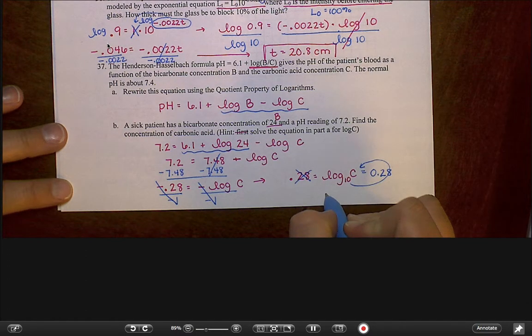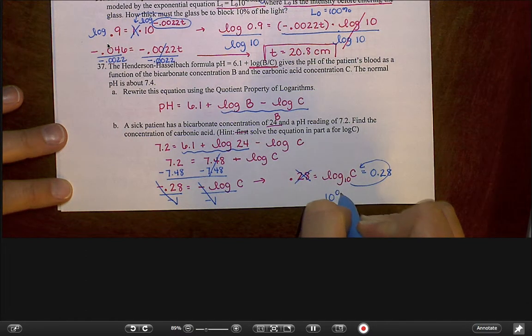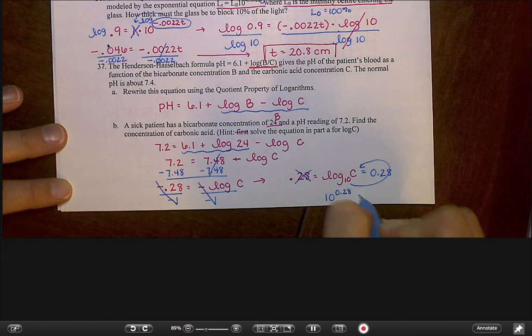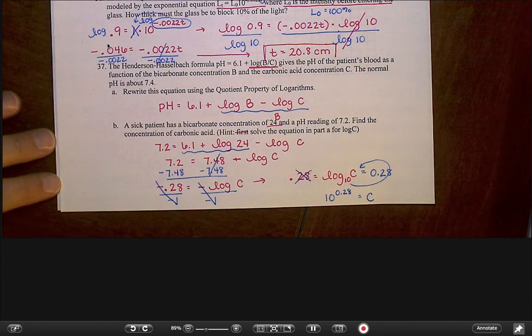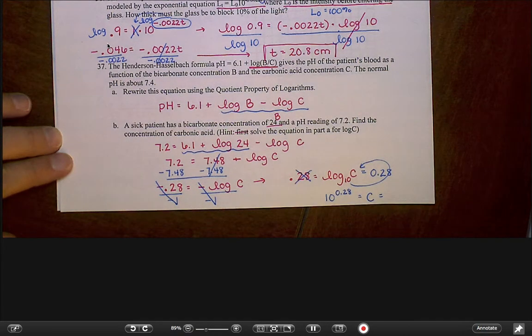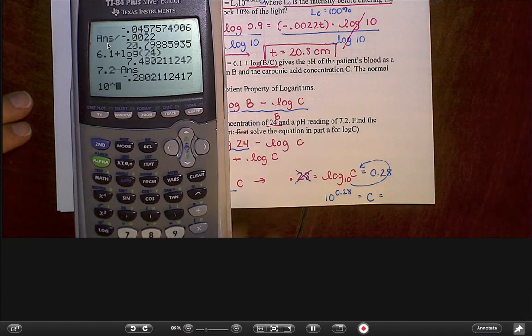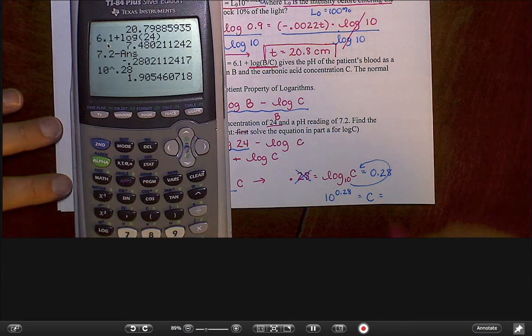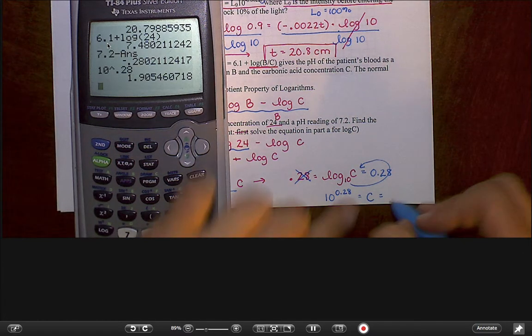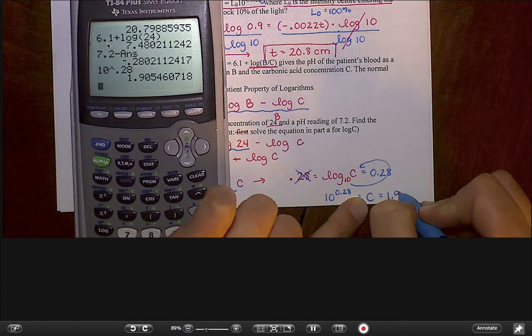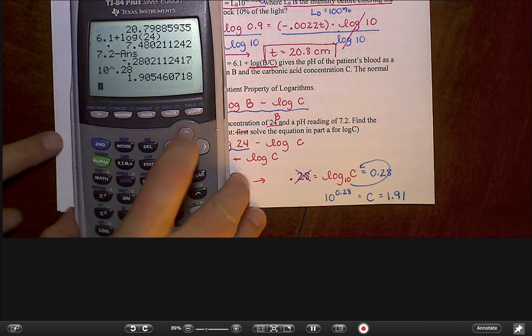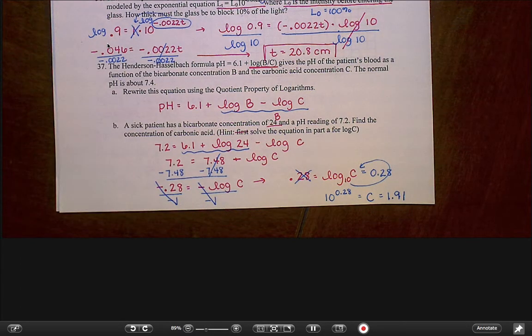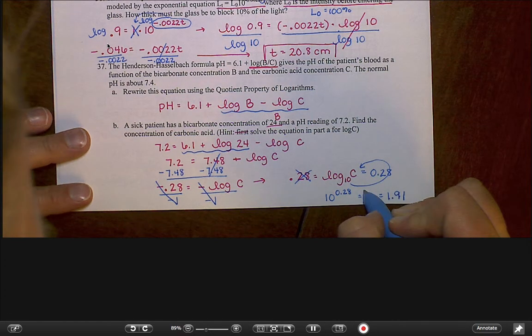So really what we're doing is 10 to the power of 0.28, and that's going to give us our answer for C. 10 to the power of 0.28, and we get 1.91-ish. And that would be your concentration of carbonic acid. That's your C value.